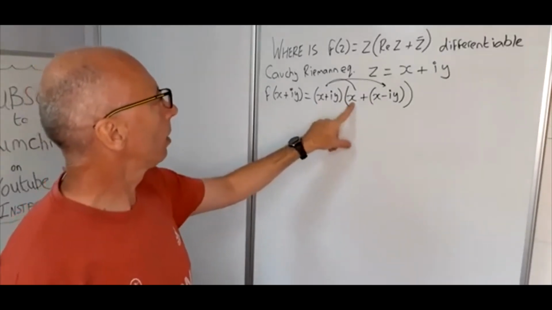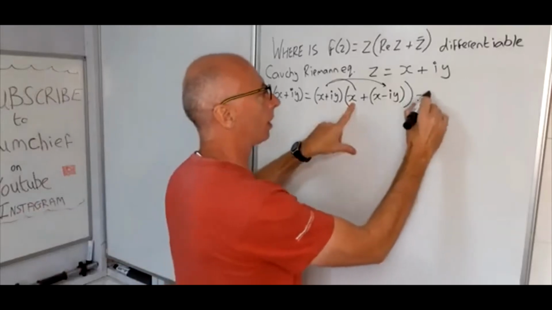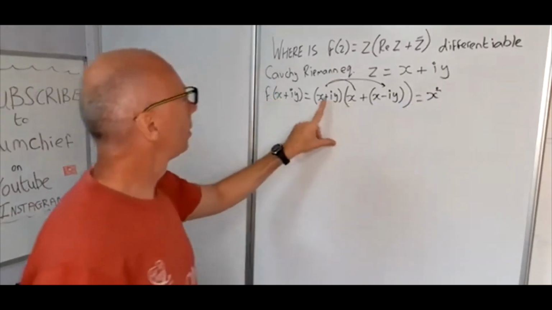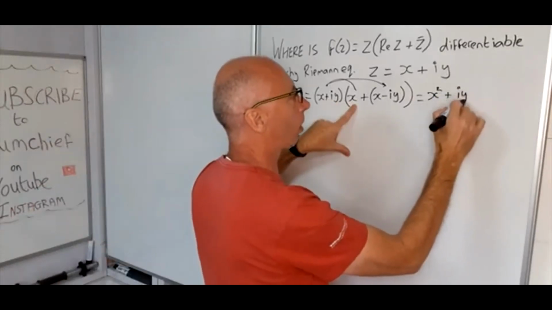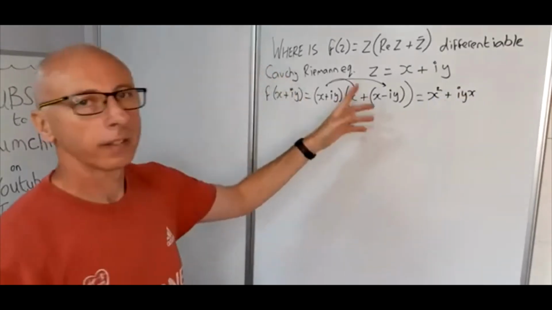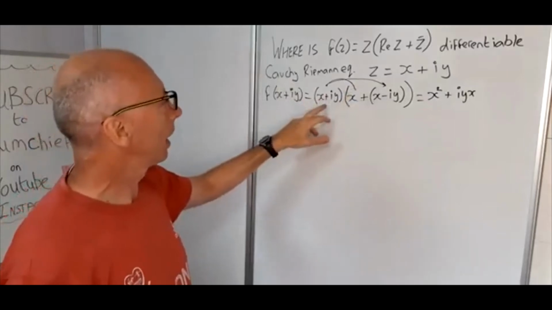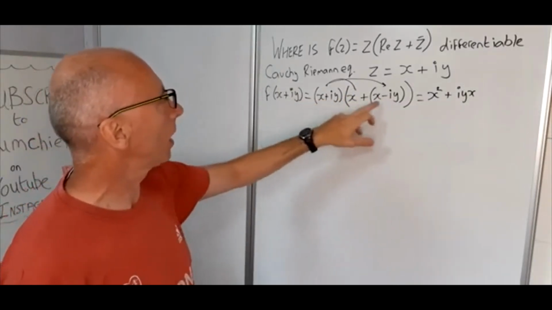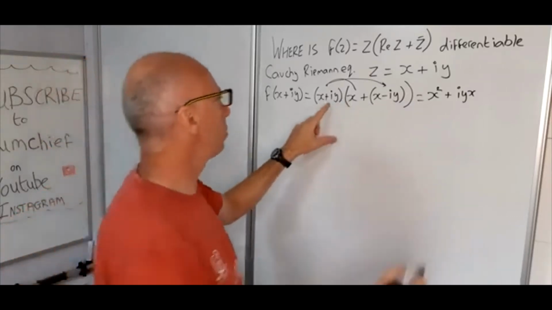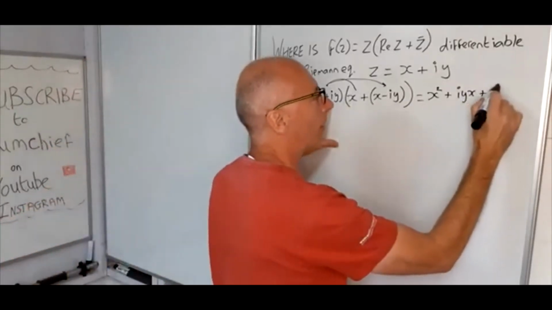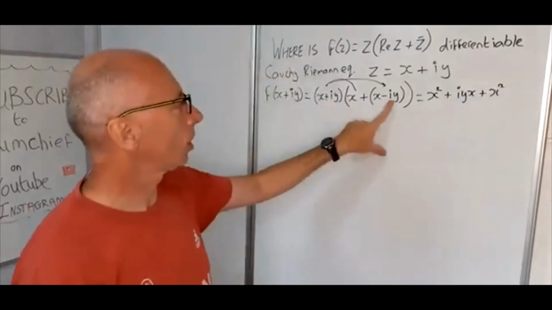Okay, so x times x gives us x squared. Iy times x is plus iyx. That's pretty straightforward. Now here we've got almost a difference of two squares. So we've got x plus iy, x minus iy. So that just becomes first term squared and the second term squared.